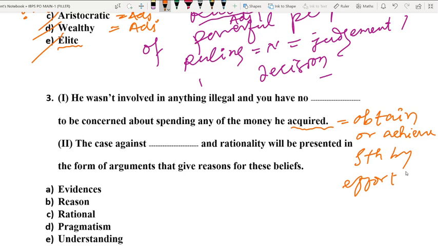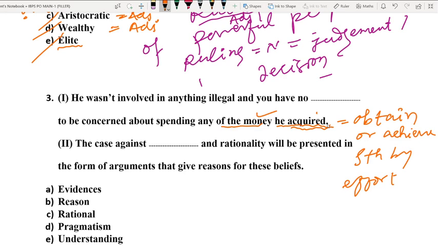If you are putting in a lot of effort and that helps you to achieve something, to obtain something, be it property, be it a lot of wealth, be it a great empire or whatever, right? So that is the meaning of the verb acquire. Here it talks about he acquired. The author says that a person has obtained or achieved. What has he achieved? Money, a lot of money, right? And now the other part of the sentence says he was not involved in anything illegal.